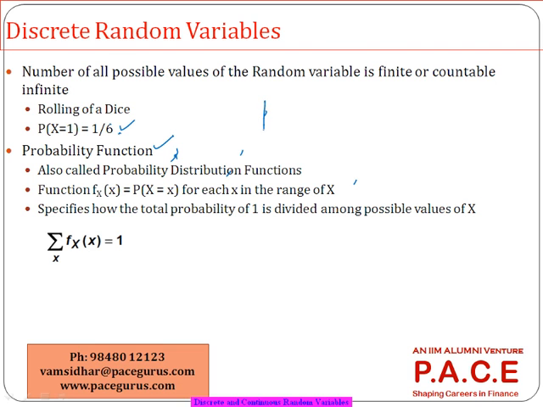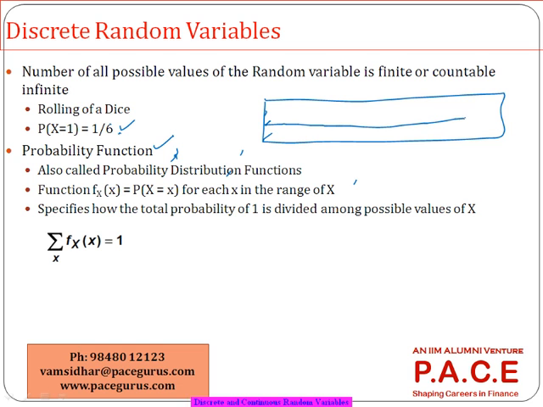Again, when I am rolling a dice, I am making a kind of a table here. x is a value that comes when I roll a dice.